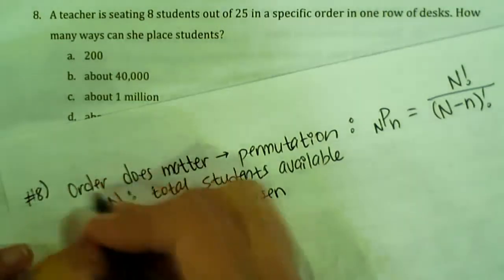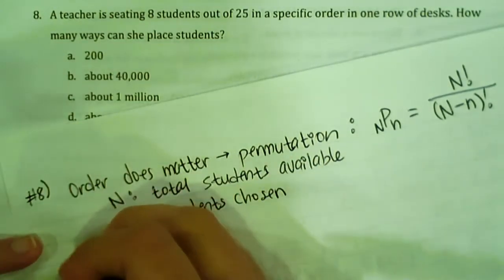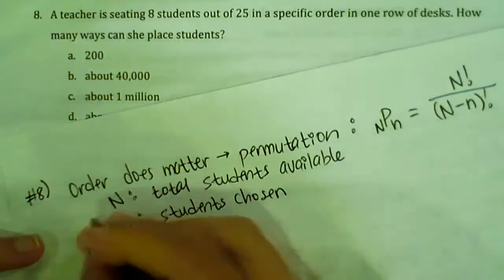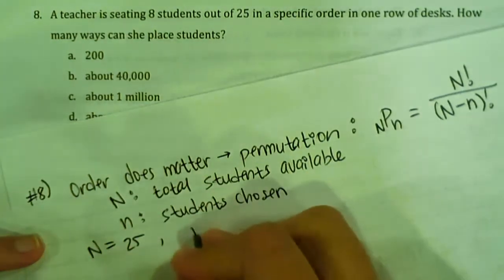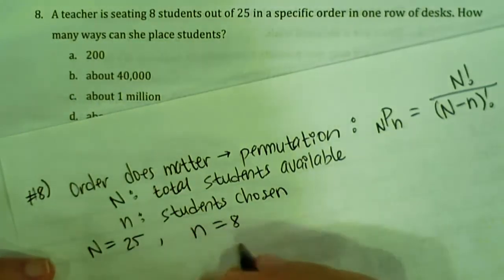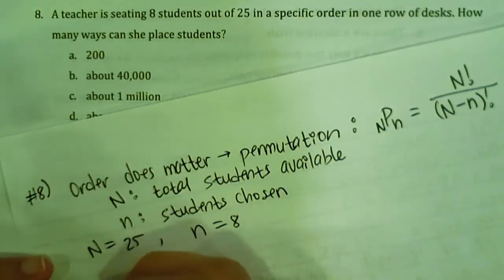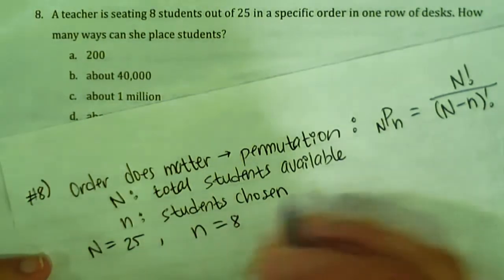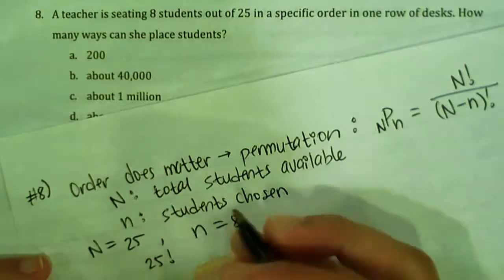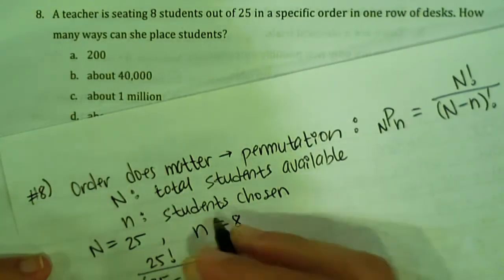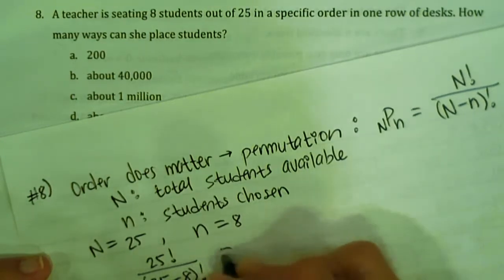So we have here, so n, in this case, what would be big N here? 25, yes. So what would be the little n? 8. Okay. So then if we put that in that formula, big N 25 factorial over 25 minus 8 factorial.